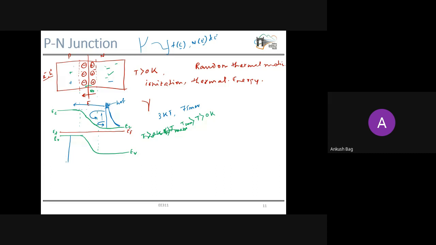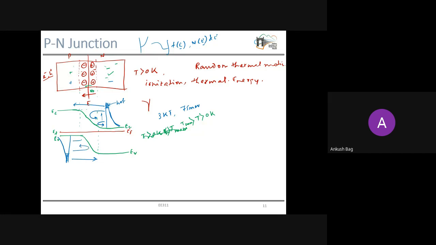Similarly, on the P side we will have this kind of distribution of holes, and only the holes which are here will be able to go inside, but the rest of the holes will bounce back.